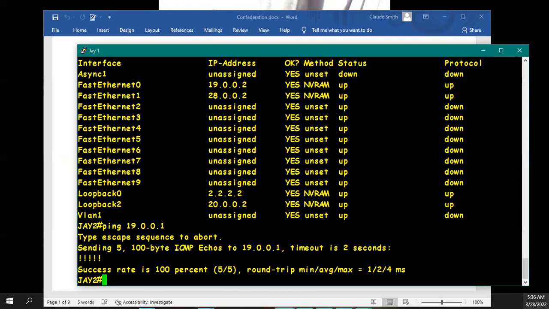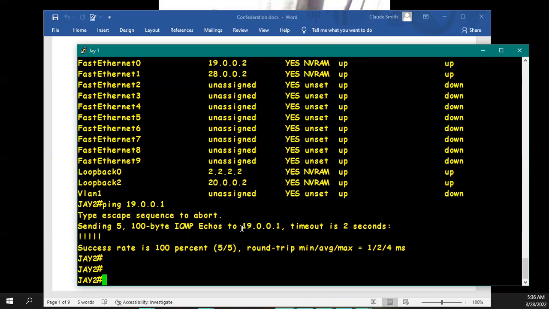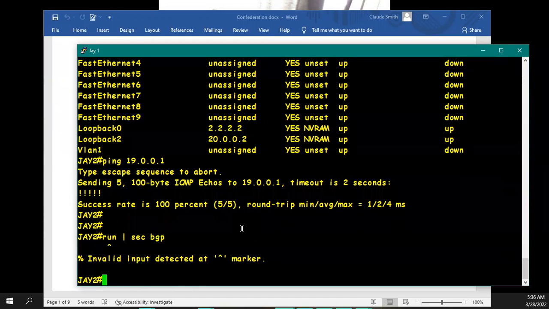So we got this internal speaker, router number 2, that sits on the edge of the Confederation itself. So like I was stating earlier, oh yeah, let me do a show run.